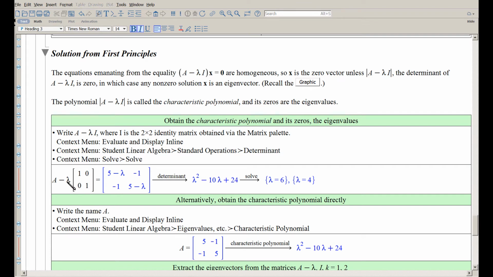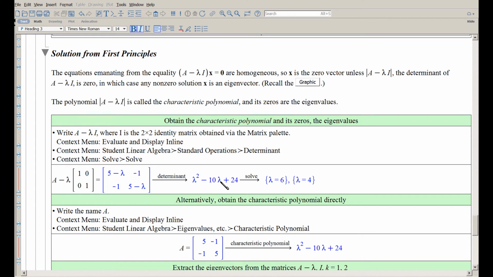And the reason is lambda is a symbol. So Maple doesn't know what this product represents. It doesn't know it's a scalar times a matrix because it doesn't know anything about lambda. And so you have to put in the matrix in that case. When this was a 4 or this was a 6, it was clear to Maple what that subtraction had to mean.